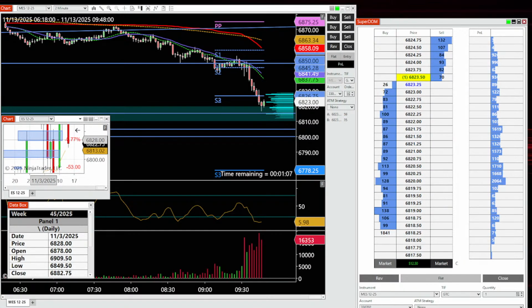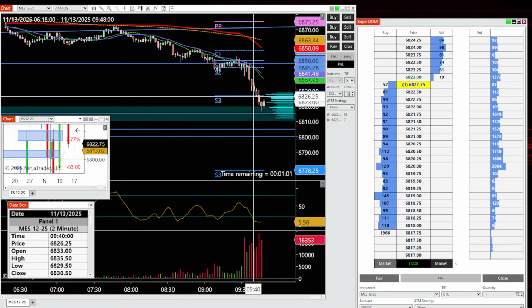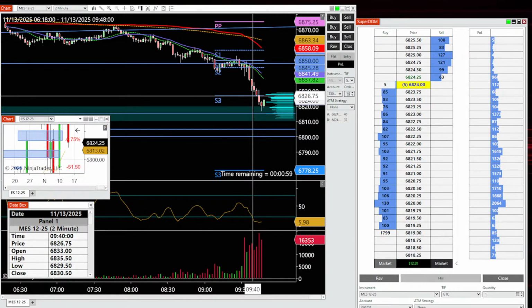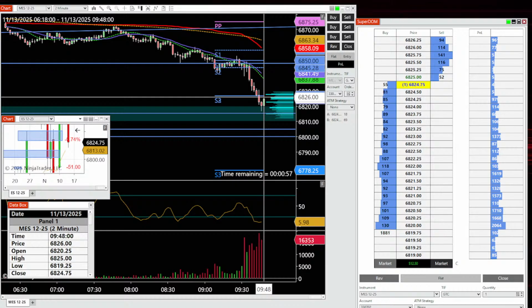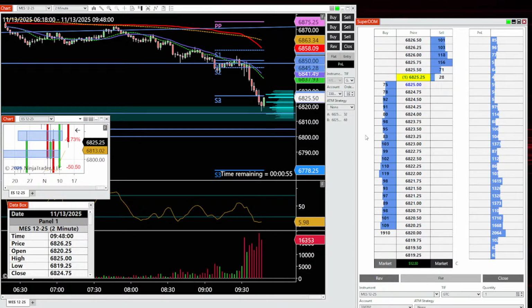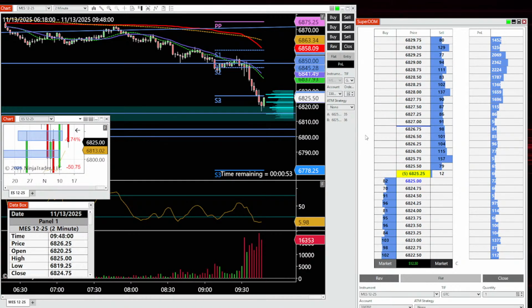We got 25, 27, 25 to 28. So that's in this level. That's back to the support resistance level. This blue line here.